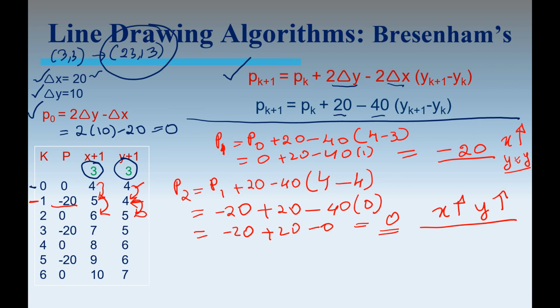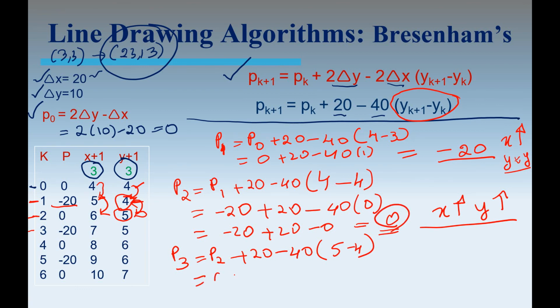All right, let us try once more. Now let's move to another k. p3 is equal to p2 plus 20 minus 40. What is the value of yk plus 1? 5. Here is your yk plus 1. And what is your value of yk? 4. 5 minus 4. So p2 is nothing but 0.